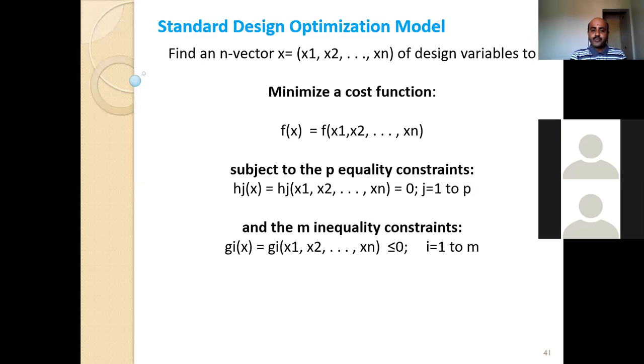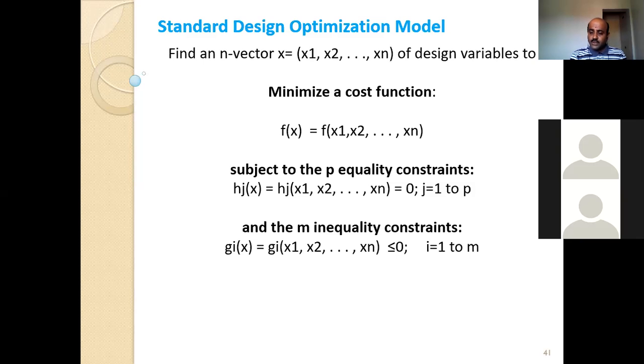Here, in the standard optimization model on the slide, if you look at the optimization function f of x and both the constraints, equality as well as inequality constraints, both these functions depend upon the design variables x1, x2, to xn, right?